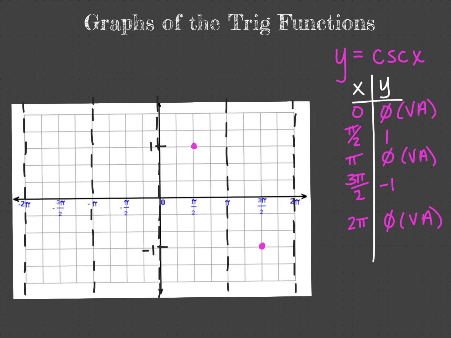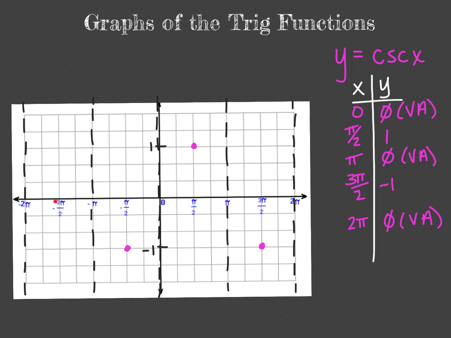Well, here's what we have, and it looks like every time we are at a k pi value, we have a vertical asymptote, and when we're at pi over 2, our cosecant is 1, and at 3 pi over 2, our cosecant is -1, which we found. Then at negative pi over 2, which is really the same spot as 3 pi over 2, our cosecant is again -1.